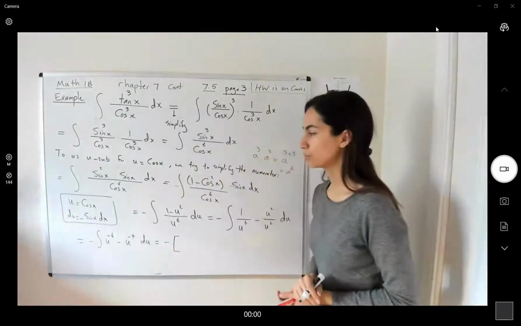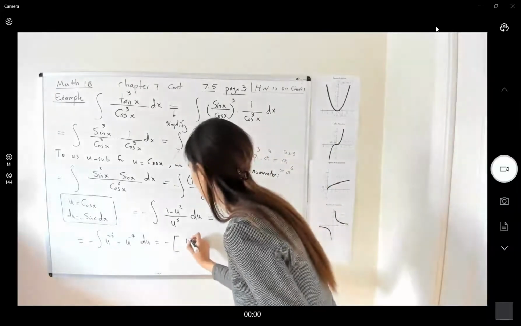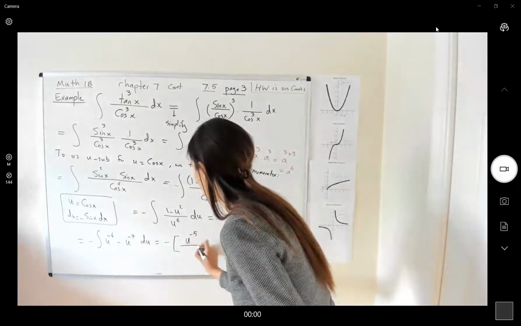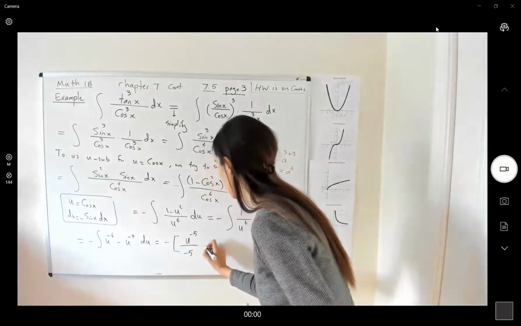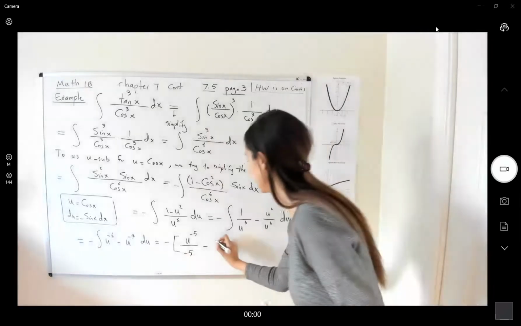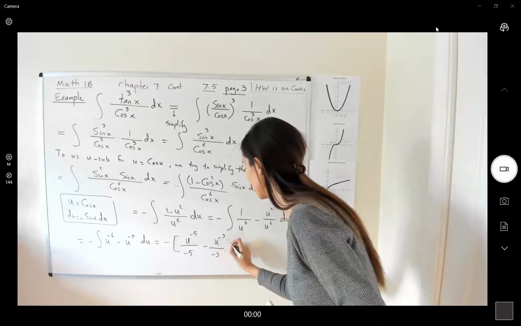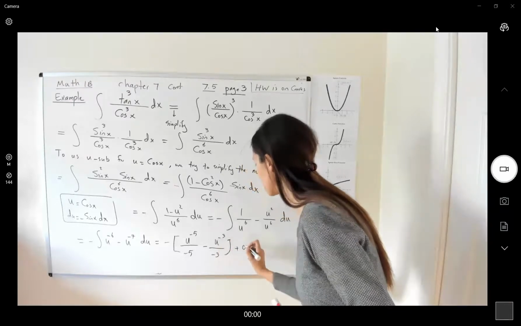You get u to negative 6. If you add 1, you get negative 5. So you have u to minus 5 over minus 5 minus u to negative 4 plus 1, negative 3, u to negative 3 divided by negative 3 plus constant of integration.